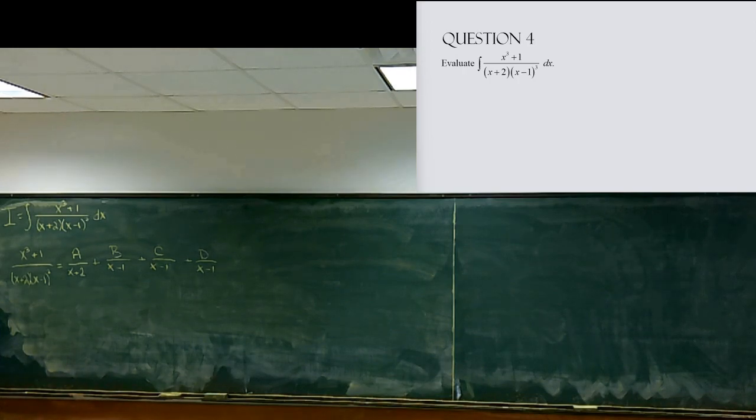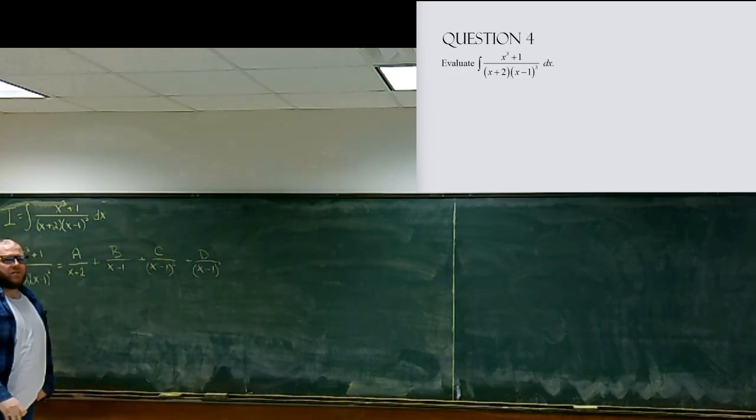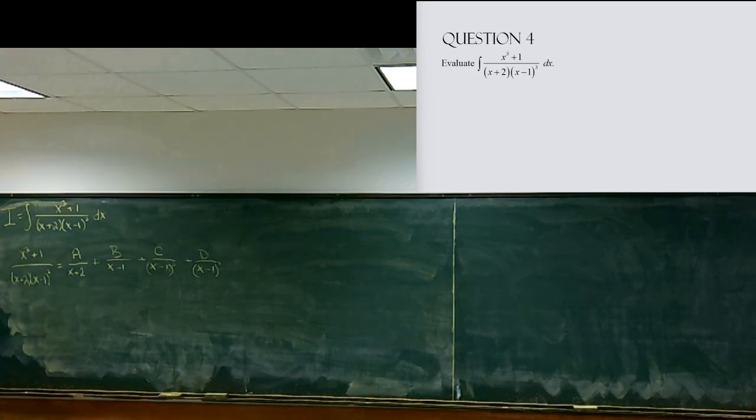Would the x plus 1 under C be squared and the x minus 1 under D be cubed? Doesn't have to be in that order, but yes, one of them has to be squared, one has to be cubed. There's the decomposition form.